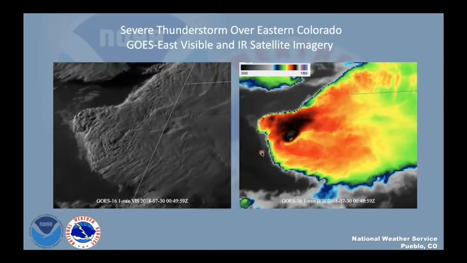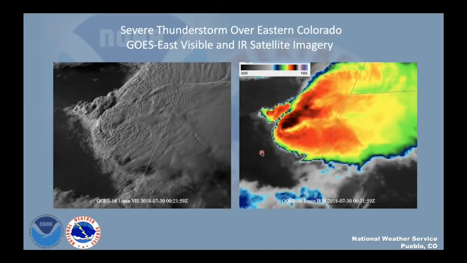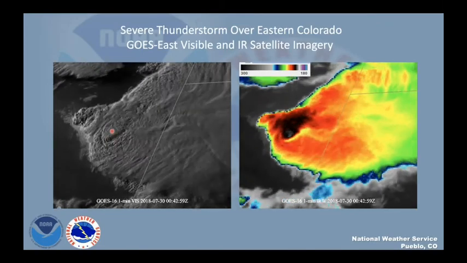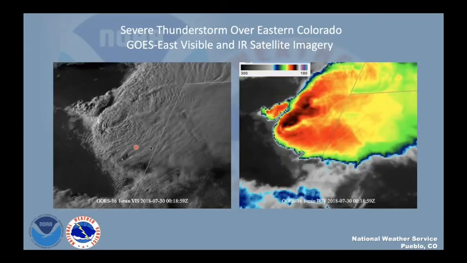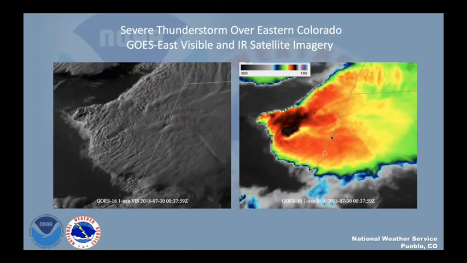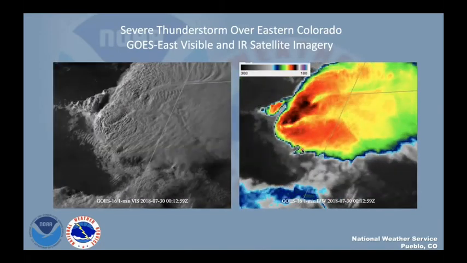There are more than one different views that we can see from GOES 16 or GOES 17. This is on the left, again, the visible. This is a supercell that occurred back in 2018. And this is the infrared image of that same storm at the same time.